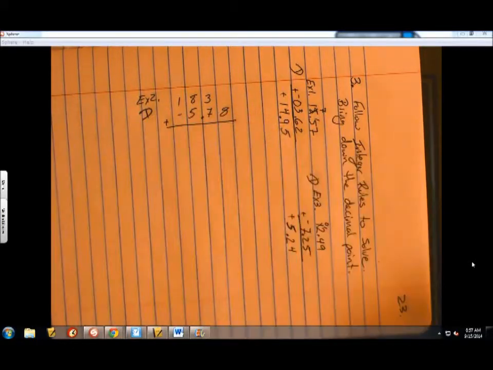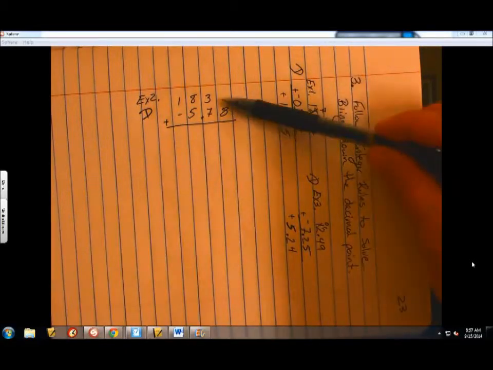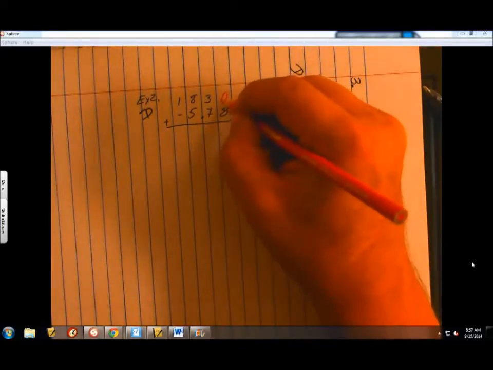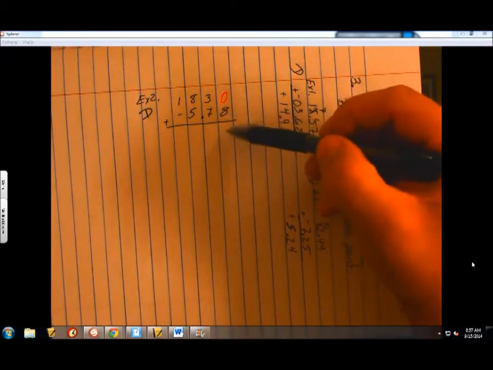So it's different signs. We are also going to subtract, same as our integer rules for 1 and 3. So now we can't subtract here because there is no number. We have to put something there. So we are going to put in a 0. Now we can add as many zeros to the right as we want to. It doesn't really change the number at all.